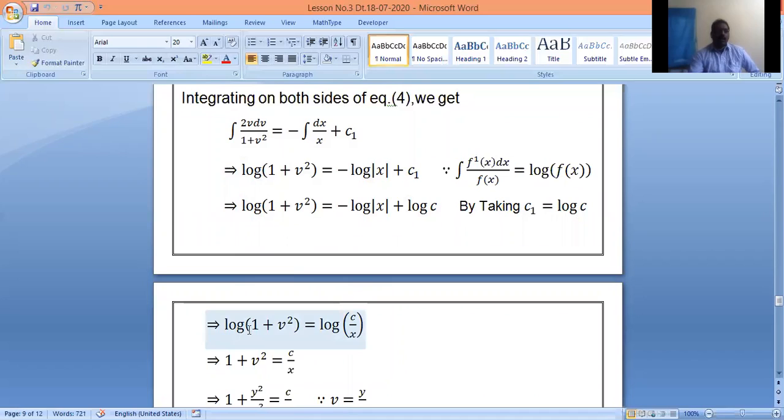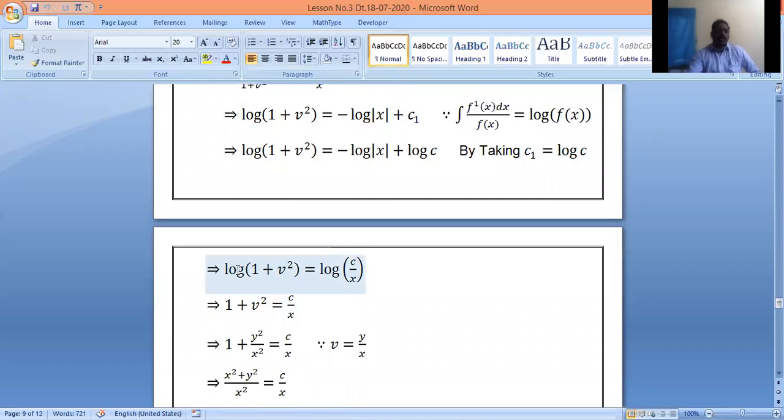That implies log of 1 plus v square is equal to log c by x, since log m minus log n is log m by n. Therefore, by cancelling log on both sides, we get 1 plus v square is equal to c by x.